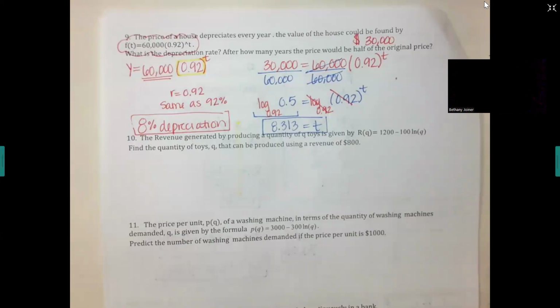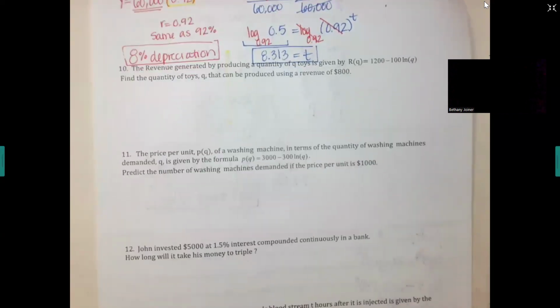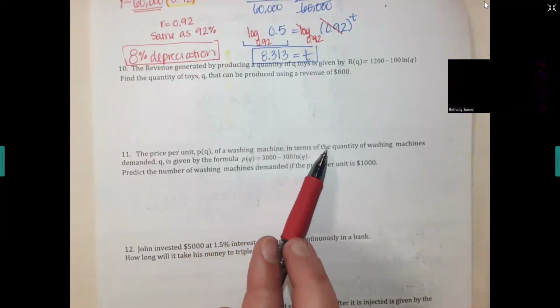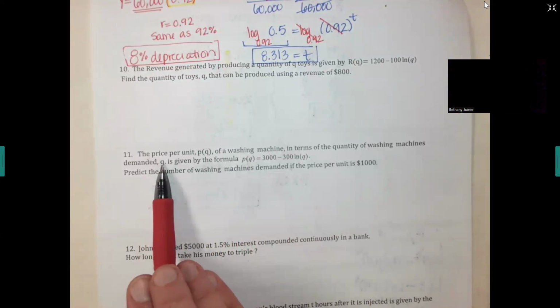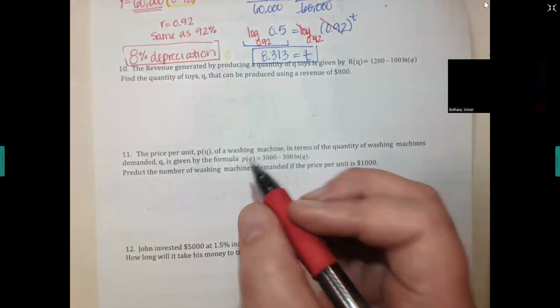All right, next one we're going to do is number 11. Number 11 says the price per unit, P of Q, of a washing machine in terms of the quantity of washing machines demanded, Q, is a formula given by the following. I'm going to rewrite this.